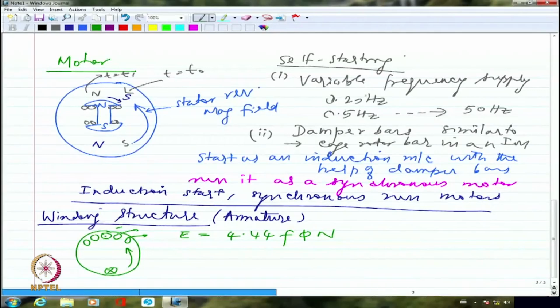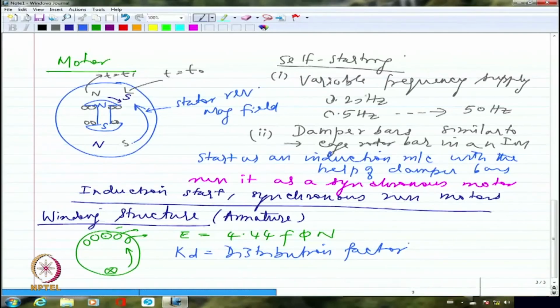So when I distribute, let us take a look at how exactly this gets modified. That introduces a factor called KD, which is the distribution factor, and KD is generally less than 1. Obviously, if I make a scalar sum, I am going to get N times the EMF induced per turn.